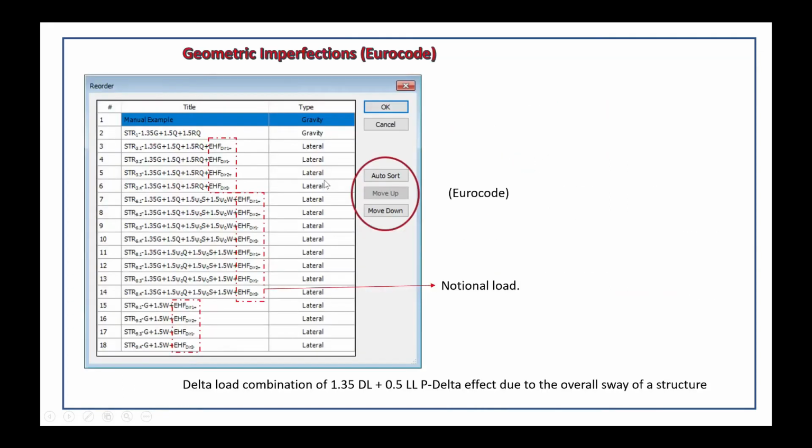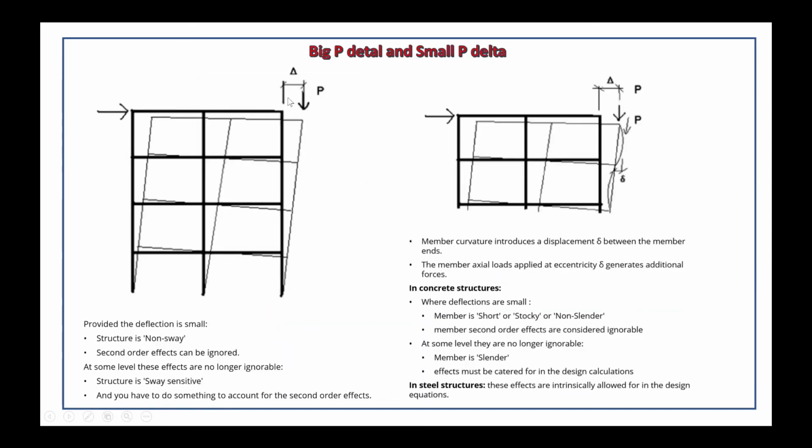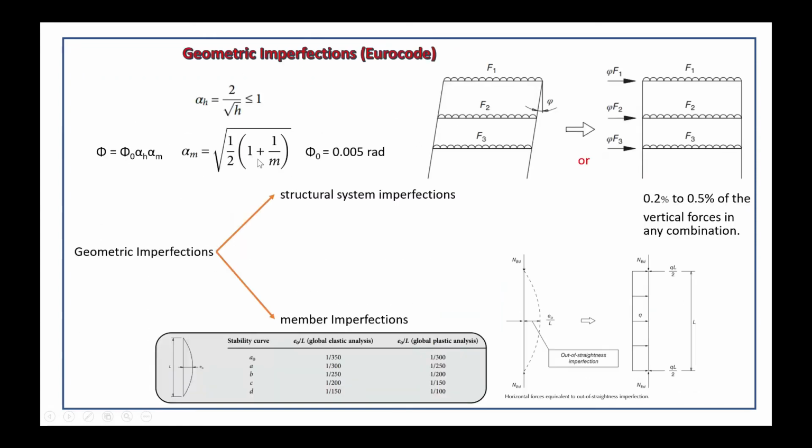Now let's check the cases. In the first case we talk about big P delta. To calculate big P delta, we have two options. The first one, we can use a direct formula according to the code.